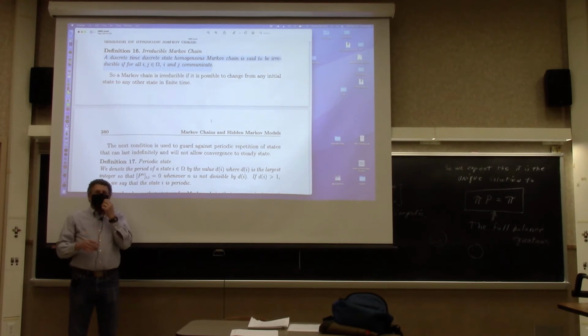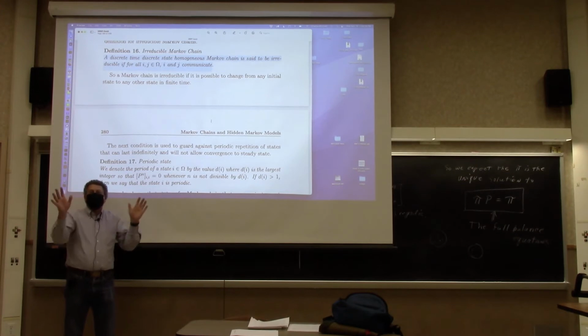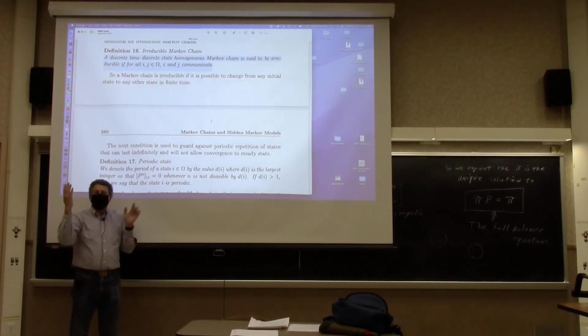So in other words, if you're out of phase with the periodic repetition, you can't be back in the same state again. You have to exit and stay away until you have a period, and you can only come back to your state at some multiple of that period. If you come back any other time, then you don't have that period.